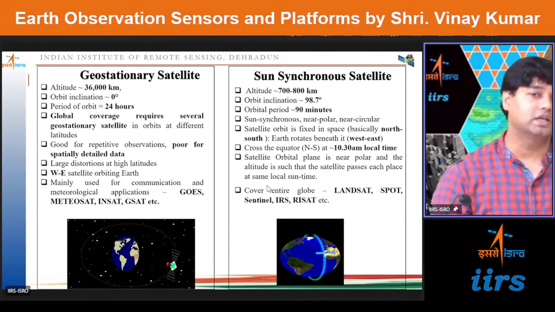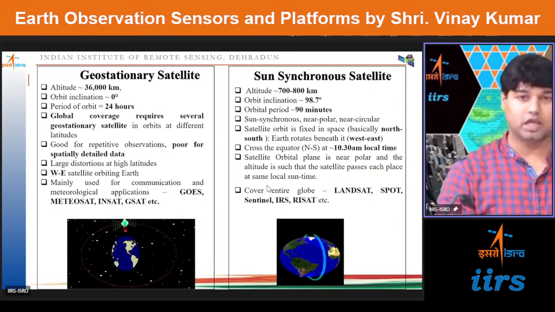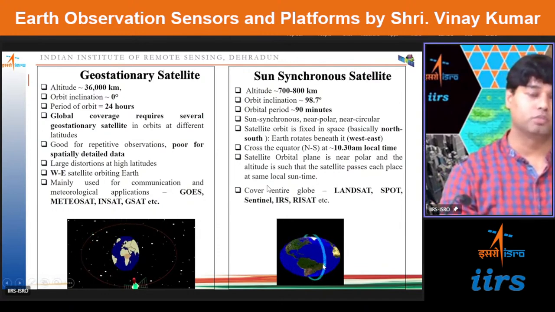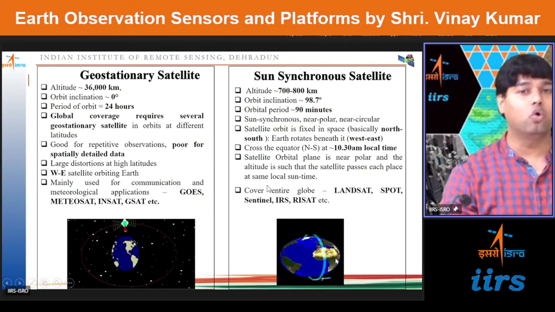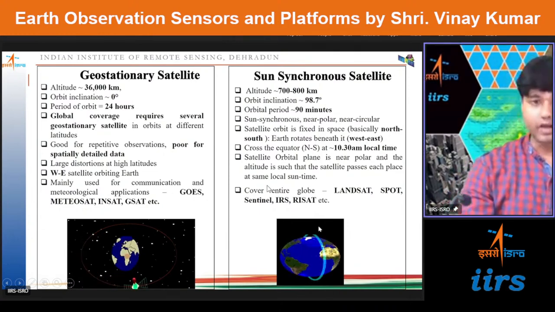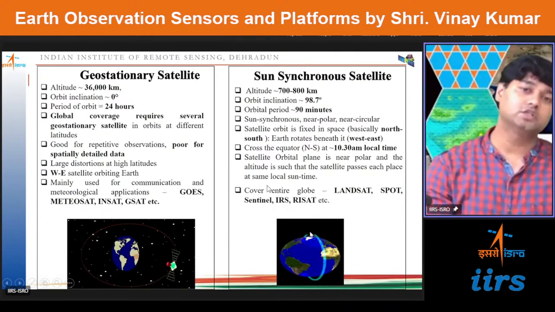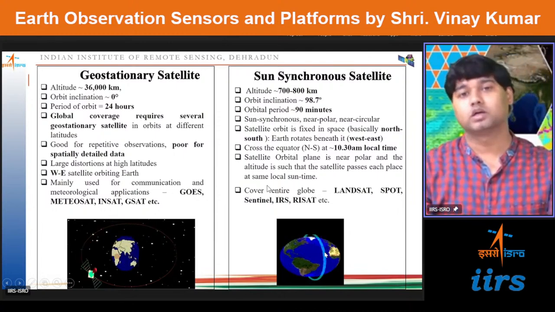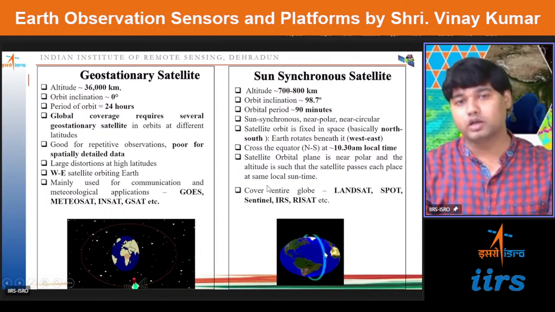And the satellite orbit is fixed in space, like here you can see, and the Earth rotates beneath it. So because of this revolution of the satellite and rotation of your Earth, the whole Earth's data gets covered. Normally, the satellite is moving from North Pole to South Pole and it passes the equator during the morning time.